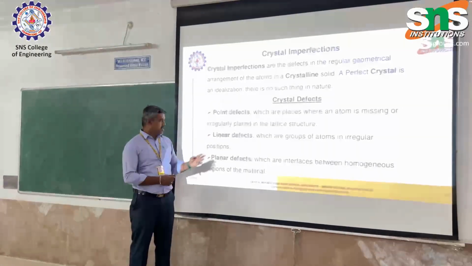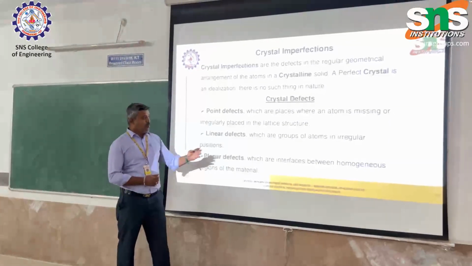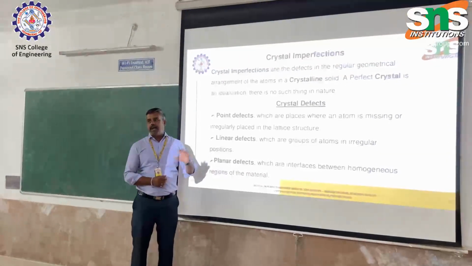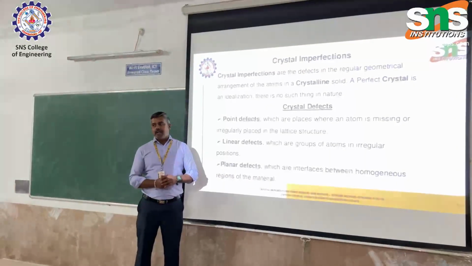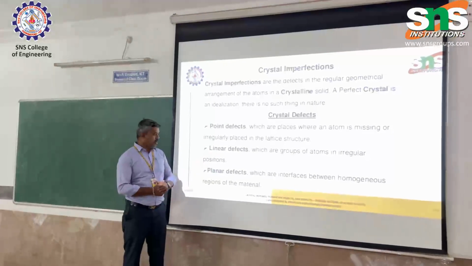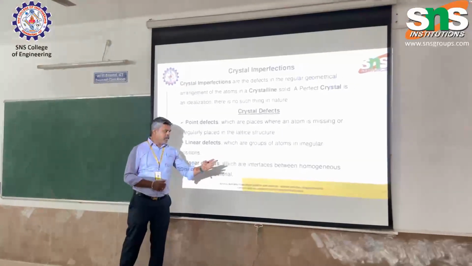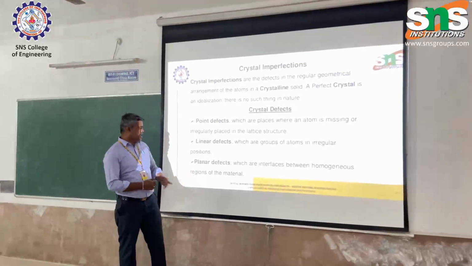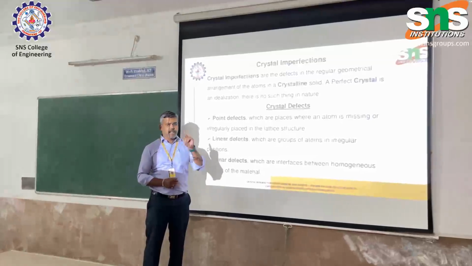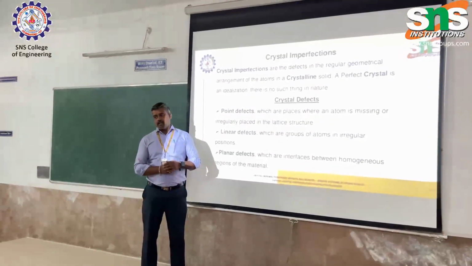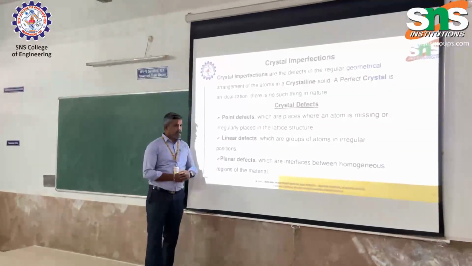The next one is linear defect, where a group of atoms is in irregular positions. That is the second one, linear defect. Then a planar defect is an interface between homogeneous regions in a material. That is the third one, planar defects.